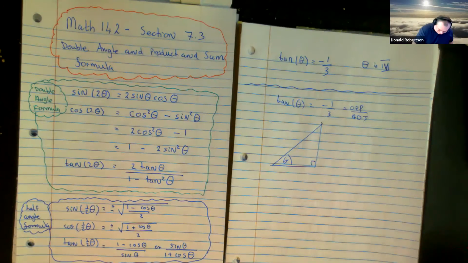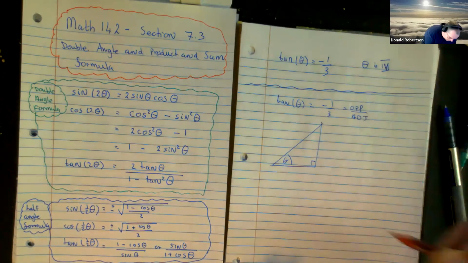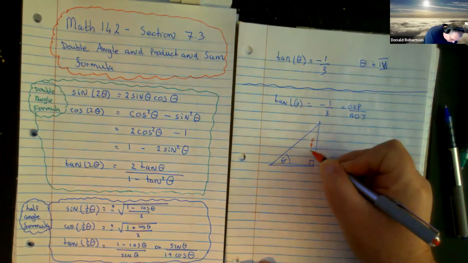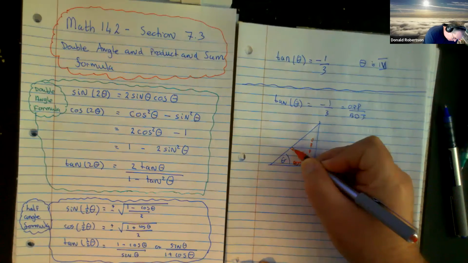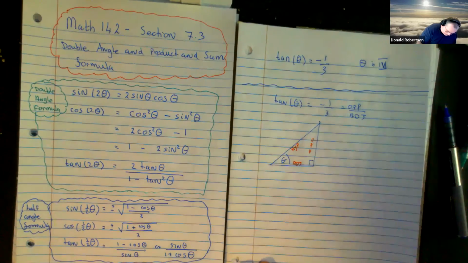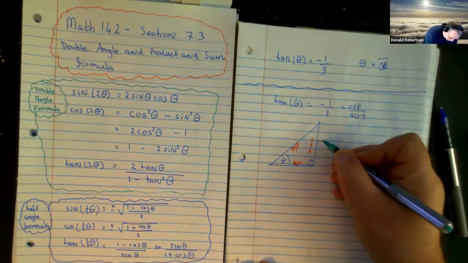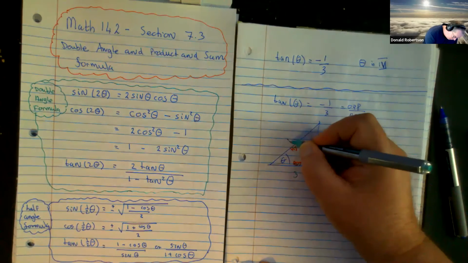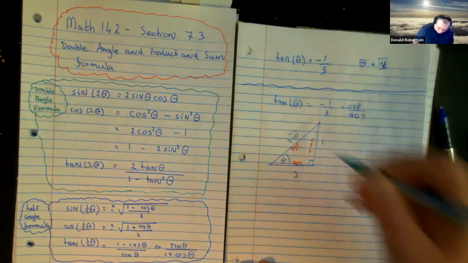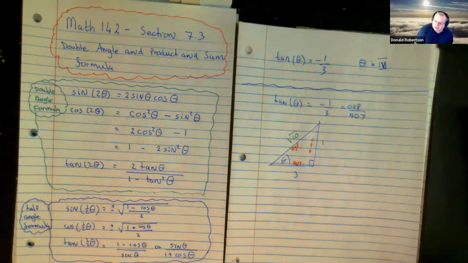Okay, here goes. We have an opposite, we have an adjacent, and we have a hypotenuse. And the opposite is 1, and the adjacent is 3, and the hypotenuse ends up being the square root of 10. Do you all agree on that?